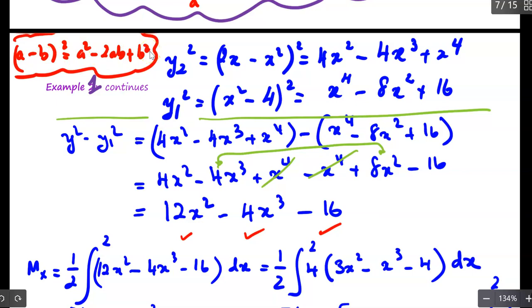So doing this, I can just summarize it into 3 terms right away. But if you expand, it should be the same. So it's 4x squared minus 4x to the exponent 3 plus x to the exponent 4. This one I should have x to the 4, subtract x squared plus 16. So subtract the two functions. Make sure that you put this part inside the brackets so you can distribute.